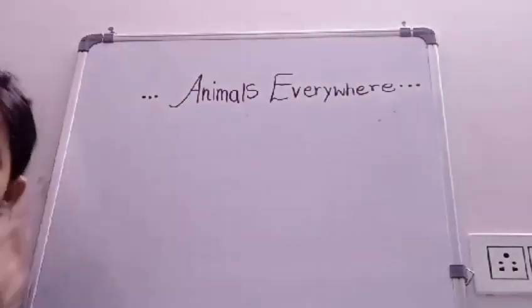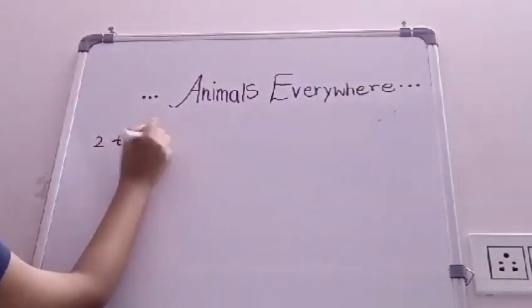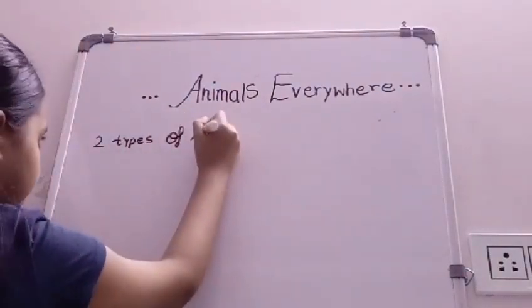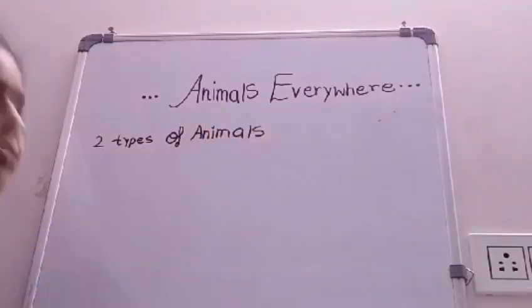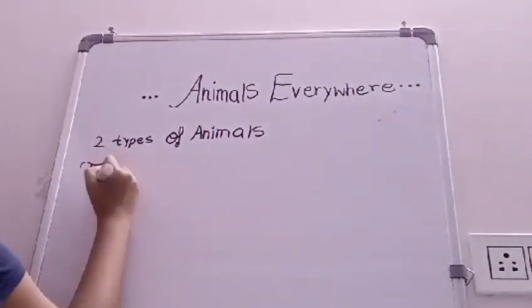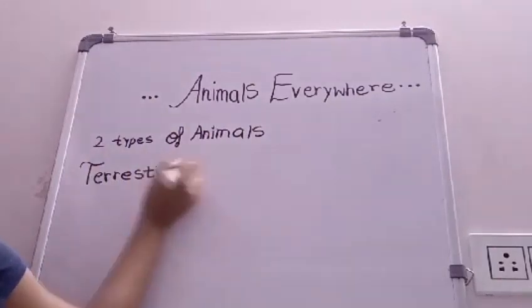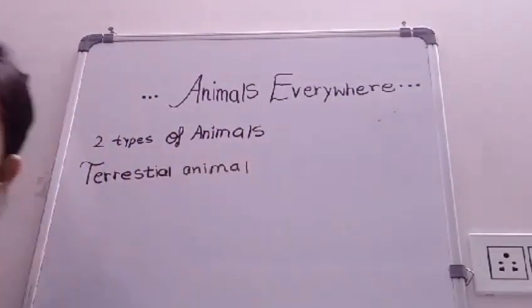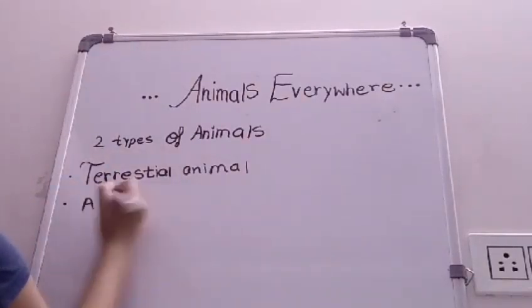Okay, first there are two types of animals. The two types of animals are terrestrial animals and aquatic animals.